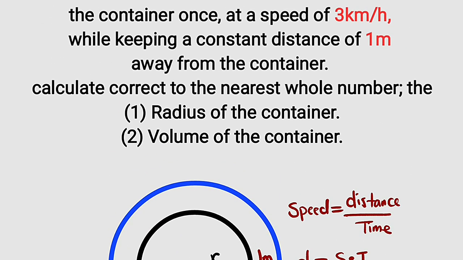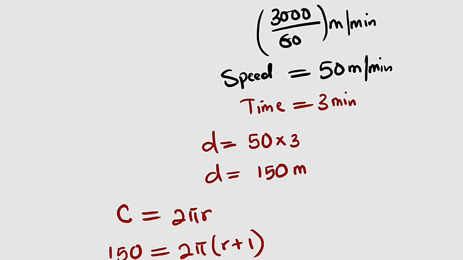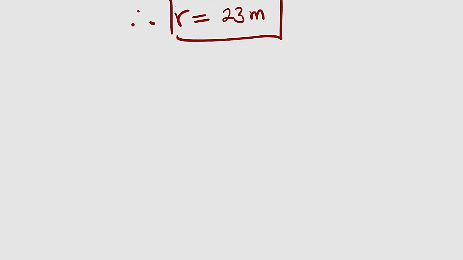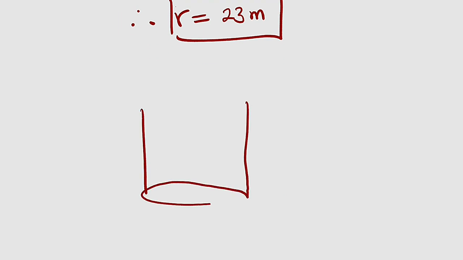Then moving on to the B part, which says we should find the volume of the container. So now we can bring our container. Suppose we have the container like this. You know, the container has a height from this down to this, and it is 8 meters according to the question.